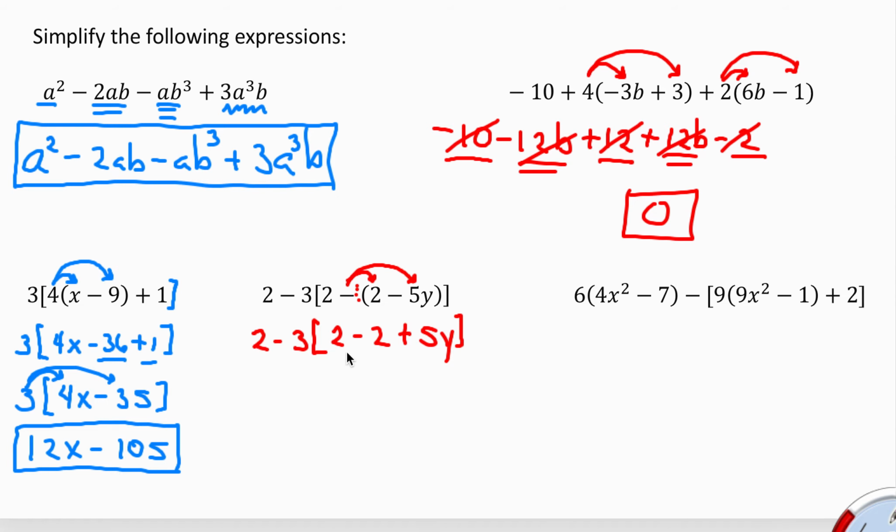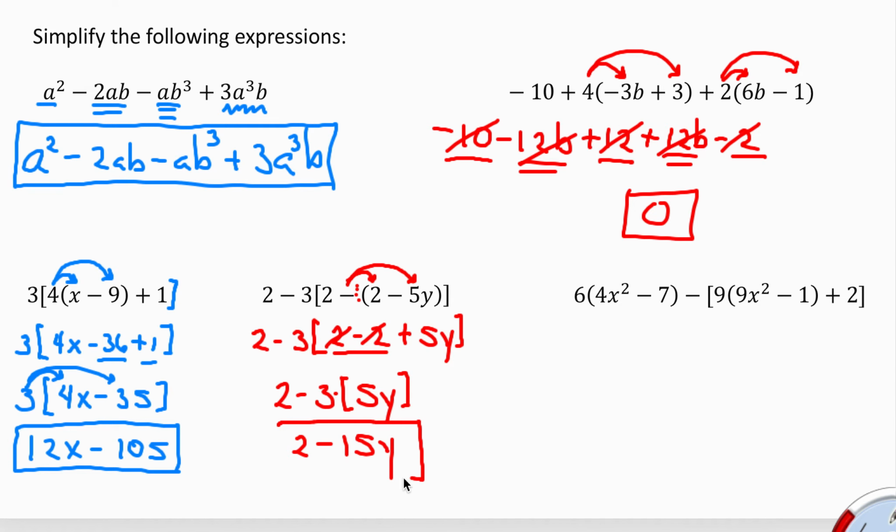Now I'm still working inside my parentheses. Oh, 2 minus 2. Okay, I have a multiplication here. Negative 3 times 5y, that's minus 15y, and those aren't like terms, so I'm done.